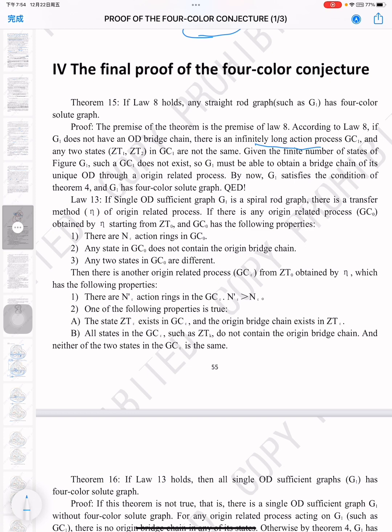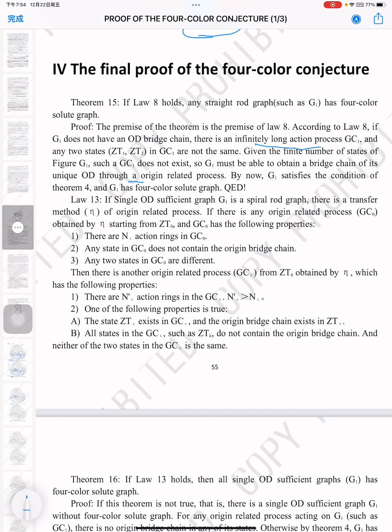Given the finite number of states of figure G1, such a GC1 does not exist. So G1 must be able to obtain a bridge chain of its unique OD through an origin-related process. By now, G1 satisfies the condition of theorem 4, and G1 has four-color slot graph, QED.